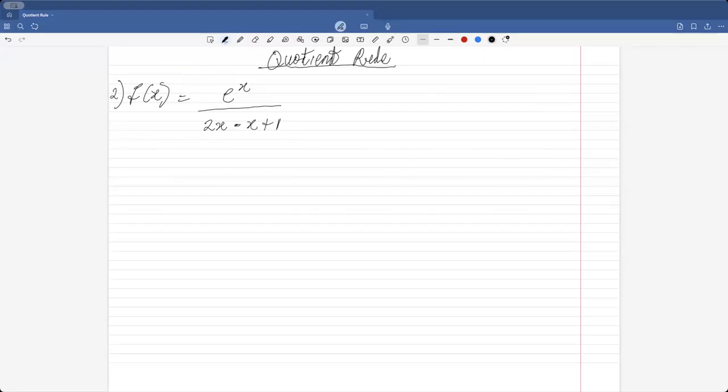So first things first, we label, call the top f(x), call the bottom g(x).